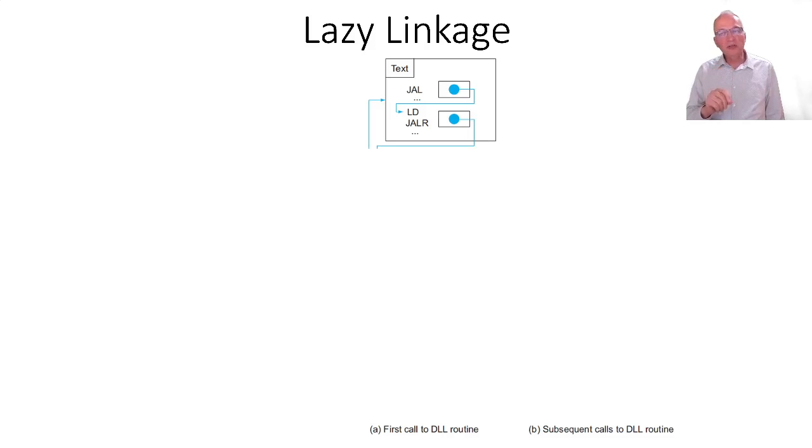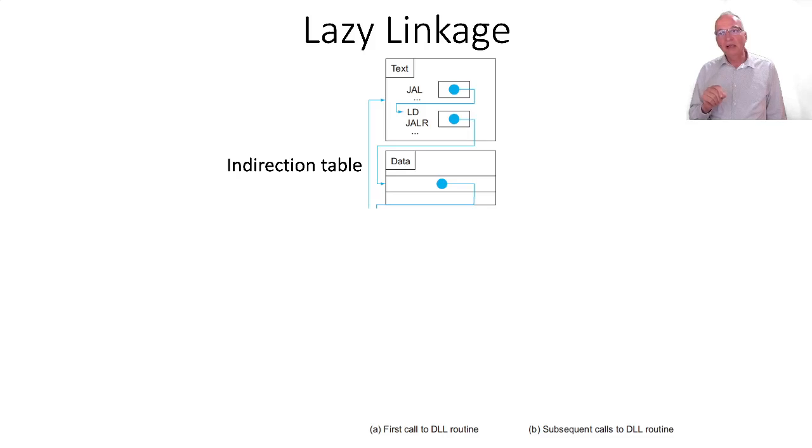And what this portion of your program does is to load an address from a table that is our indirection table. So I go and load that address, and then I do a jump relative to that address. I put the value that I loaded from the indirection table into a register, and then I do a jump relative to that register.